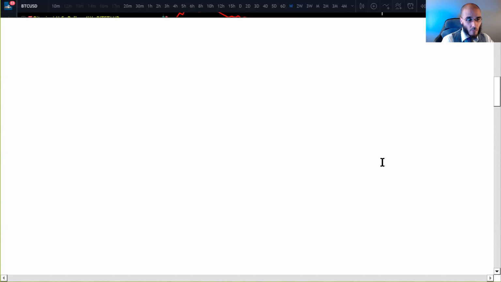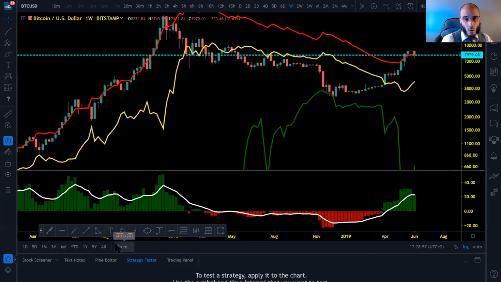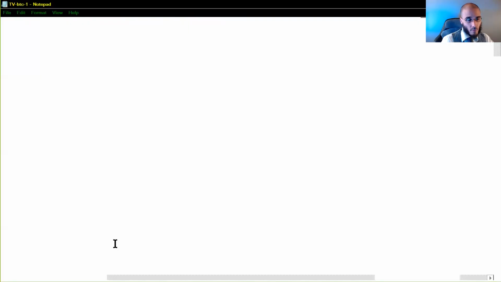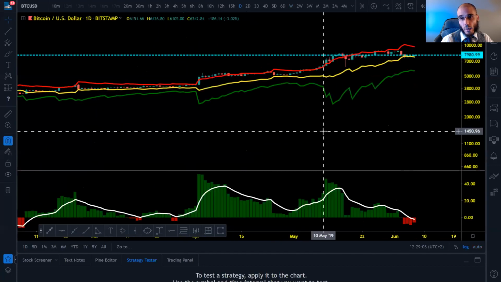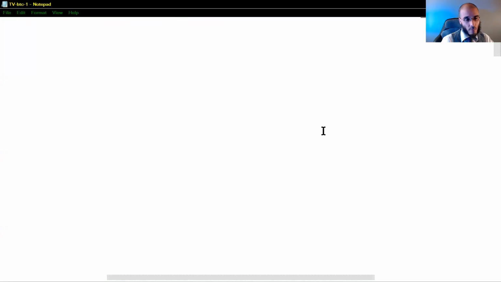Here we have the RSI band, and the RSI band on 1 week is positive. On 1 day is also positive.